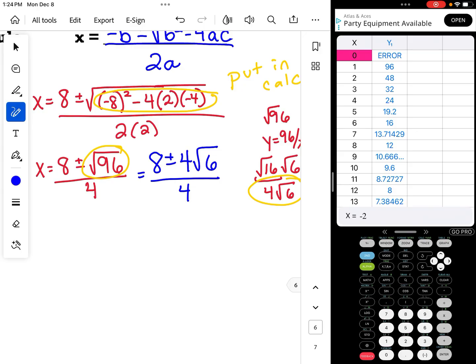What's 4 over 4? Just 1. So if my numerator numbers and my denominator numbers can be simplified like a fraction, then I would do that. So like 8 over 4, which is 2. And then plus or minus 4 square root of 6 over 4.